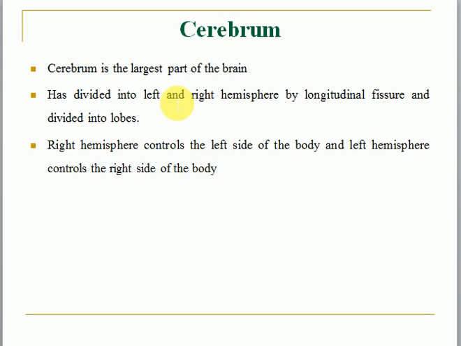So each one functions opposite to the other. Body balance and posture remain in balance, and we walk, sit, sleep and run, and body movement remains in balance. This is because of the right and left hemispheres.